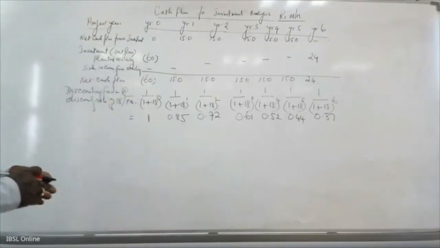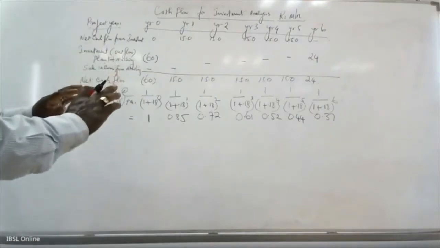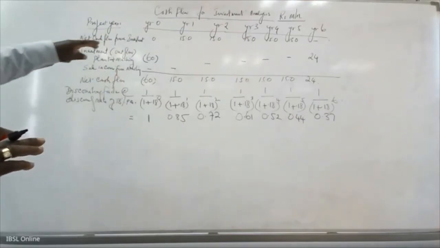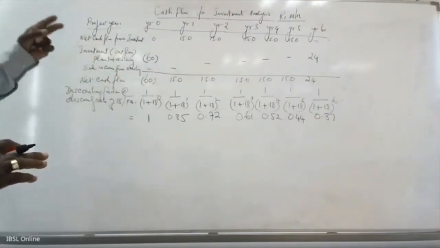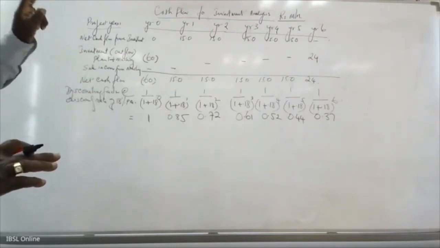Right. So now, to calculate the present value, we multiply the relevant future values by the respective discount factors.